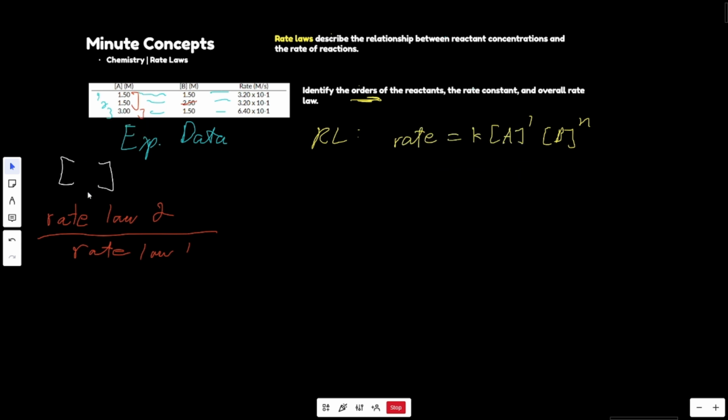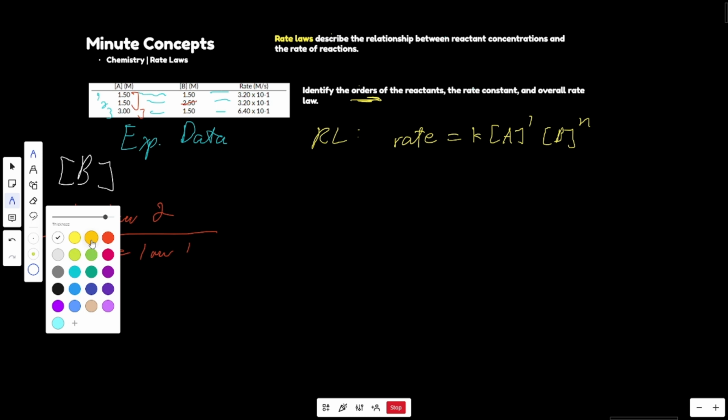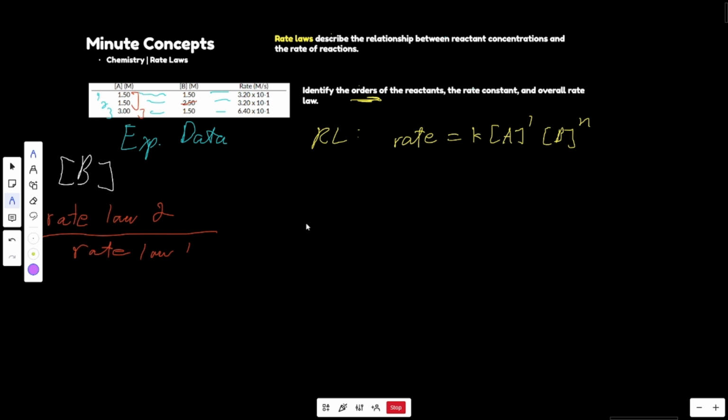Alright, so now we're looking for reactant B, the order of reactant B. Okay, so the order of reactant B, we have to look for, again, a set of trials where only B is changing while the concentration of A is the same.